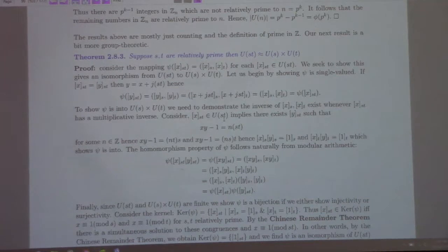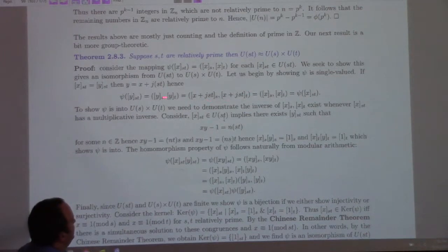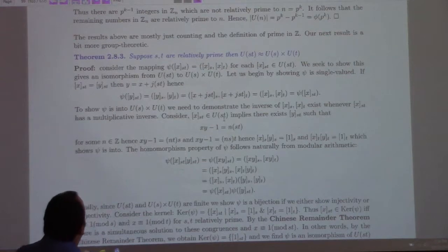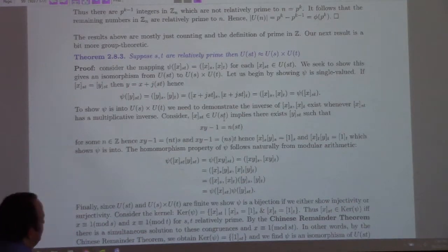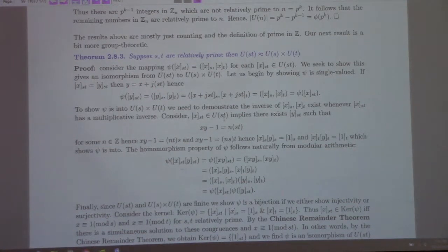The same residue in mod ST. It would look like Y plus J times ST, right? I've lost track of where the relation was up here. I can't read my own notes. So X and Y are different representatives of the same residue in the mod ST world.